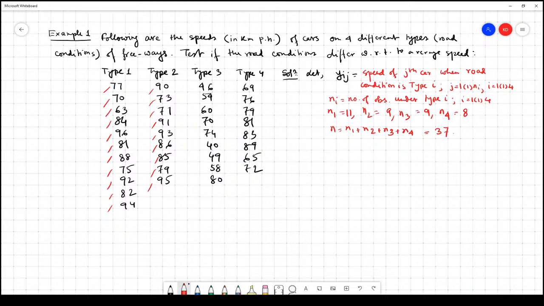And k, the number of groups, is equal to 4.